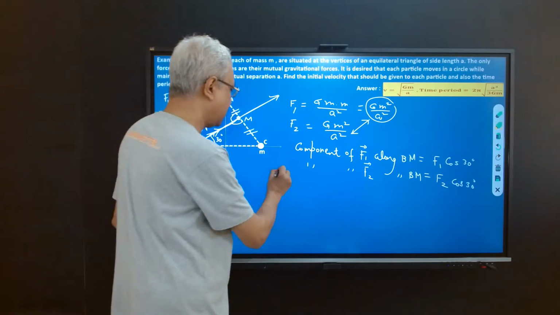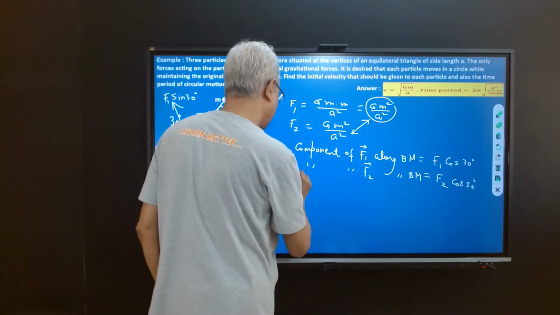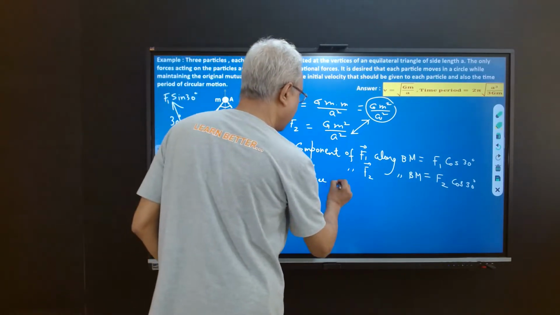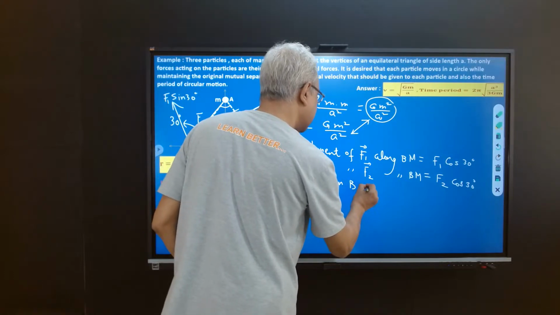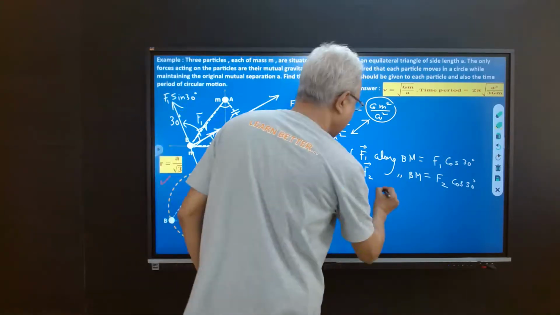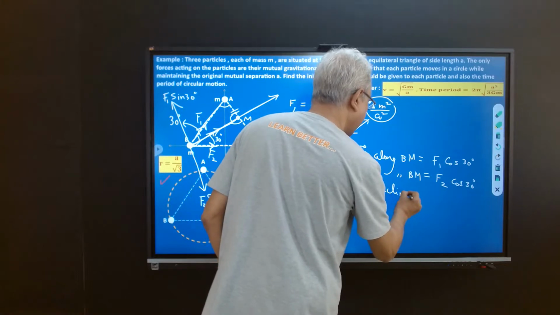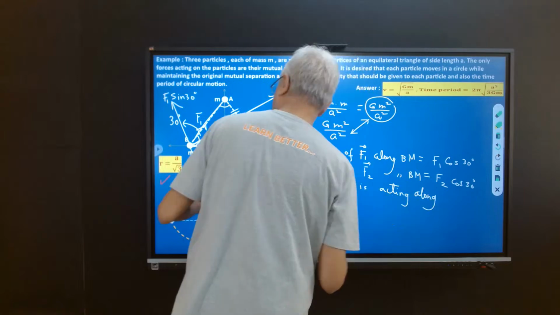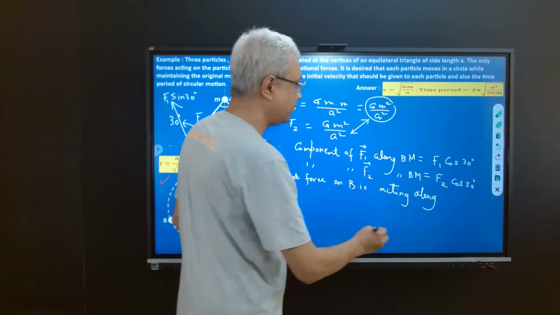So the net force on B is acting along BM.